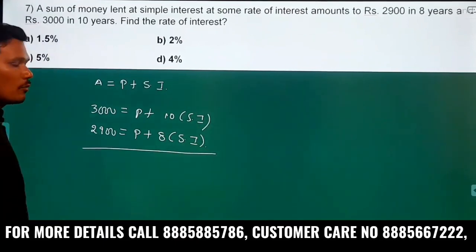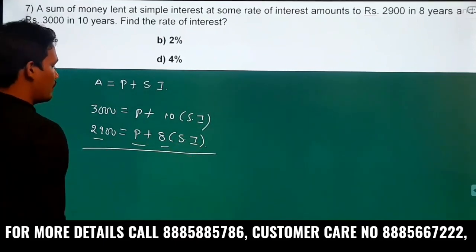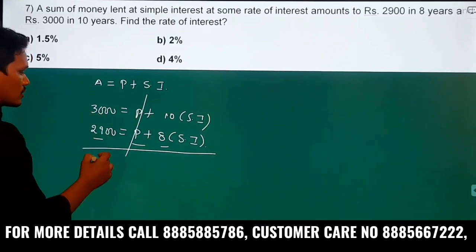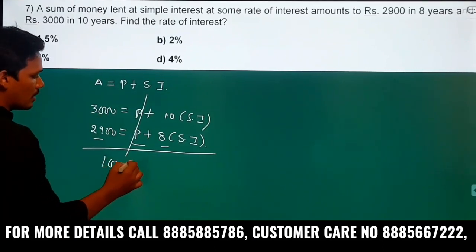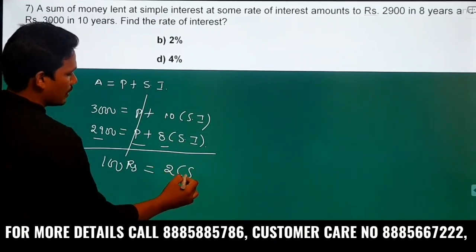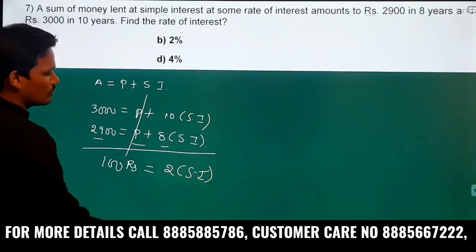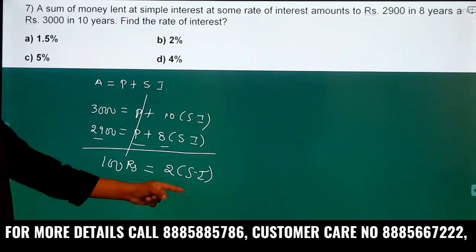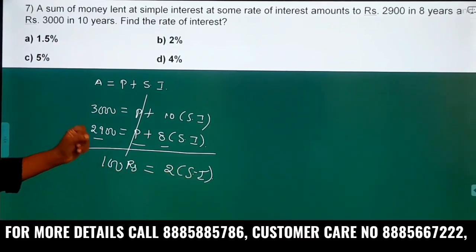If you subtract both equations, plus P minus P gets cancelled. 3000 minus 2900 will become 100 rupees. So 10 SI minus 8 SI becomes 2 years simple interest. So 2 years simple interest equals 100.